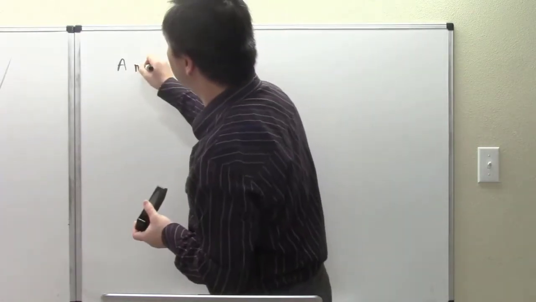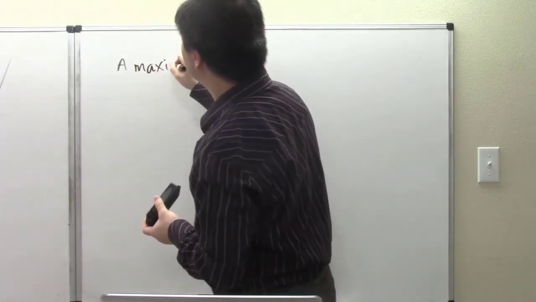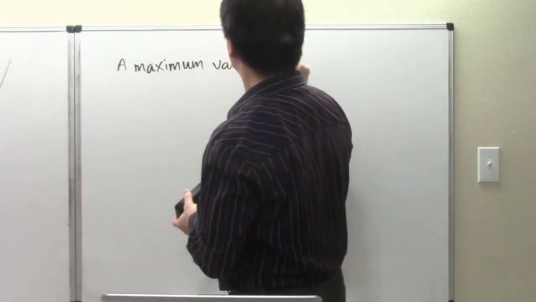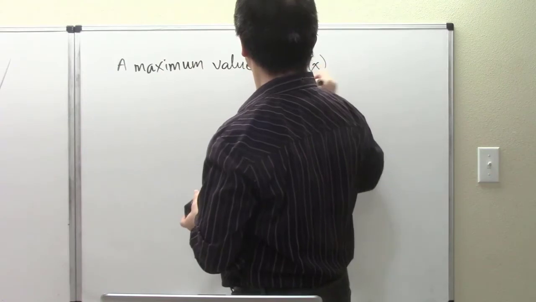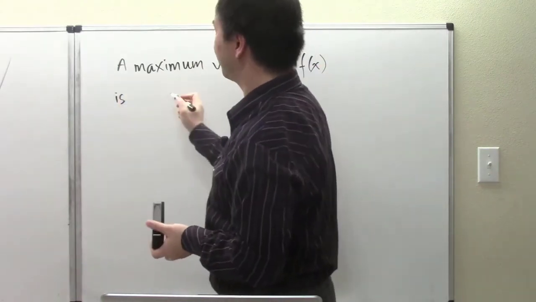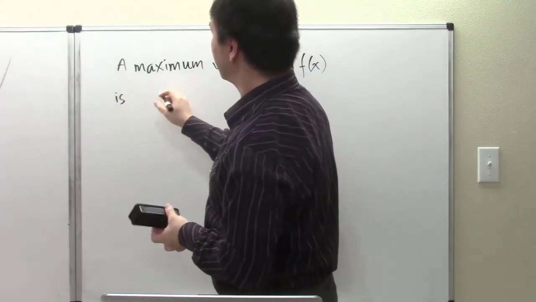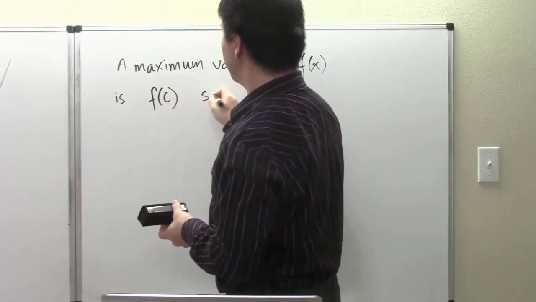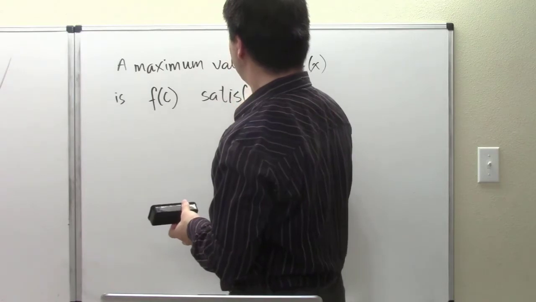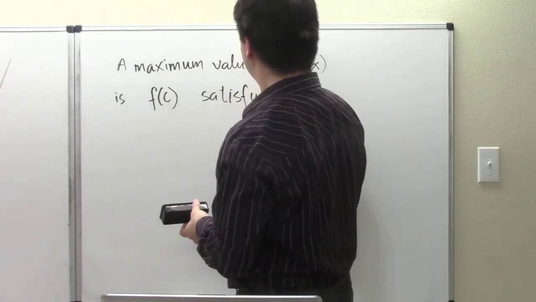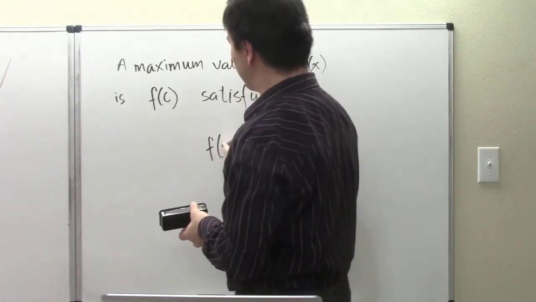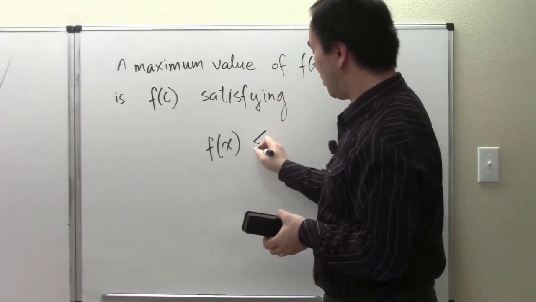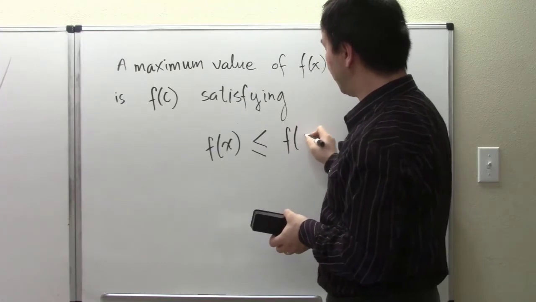A maximum value of f of x is the value f of c satisfying that the function itself is less than or equal to this f of c.